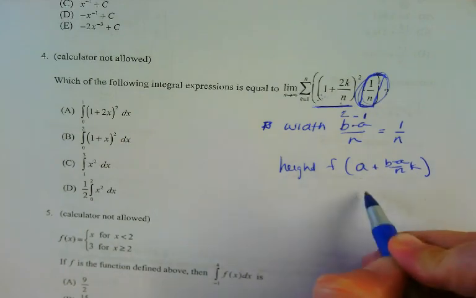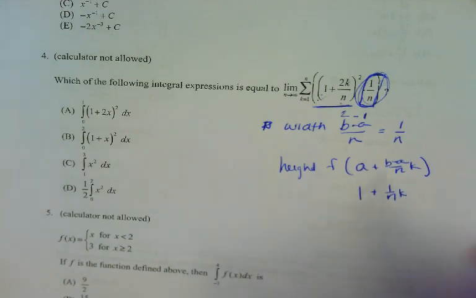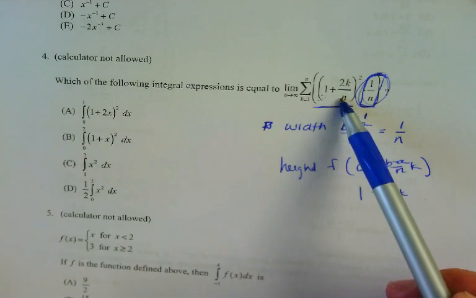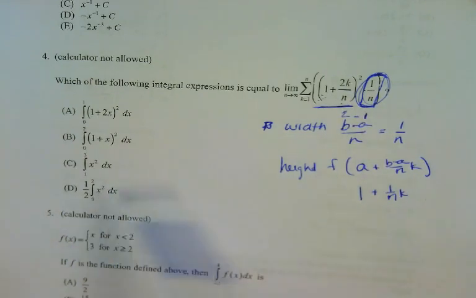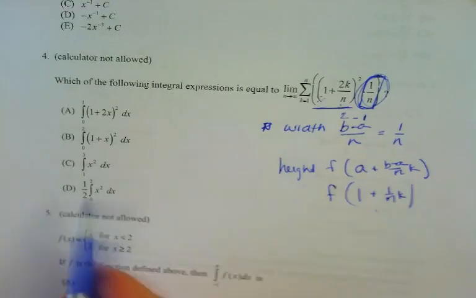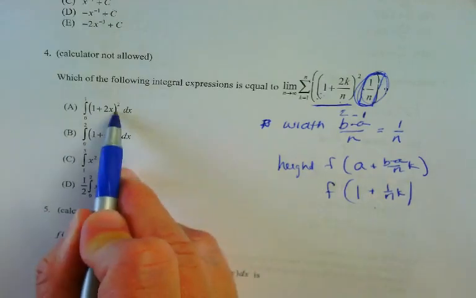So I know my a value is a 1 plus my 1 over n times k. And I'm getting this function when I substitute it in. I can kind of substitute each one in. So I'm finding f of this value. If I substitute it into each of these, I want to see which one I'm going to get.